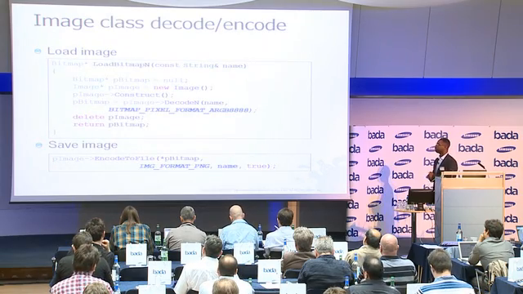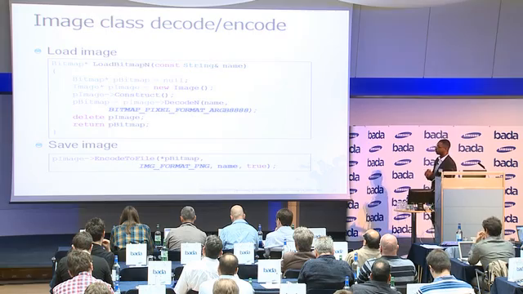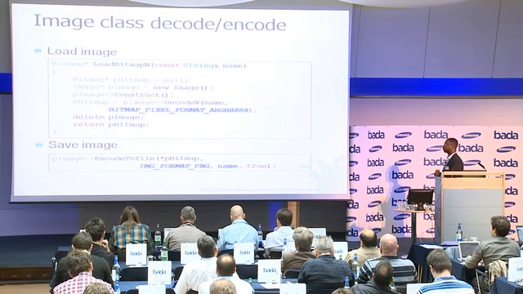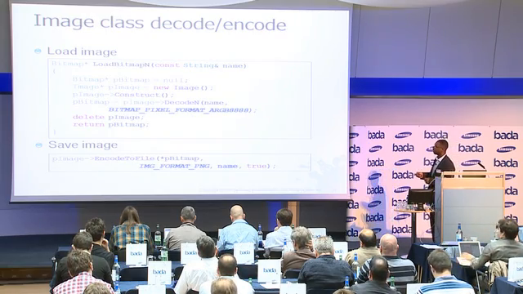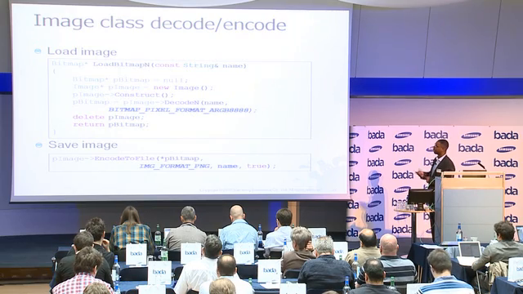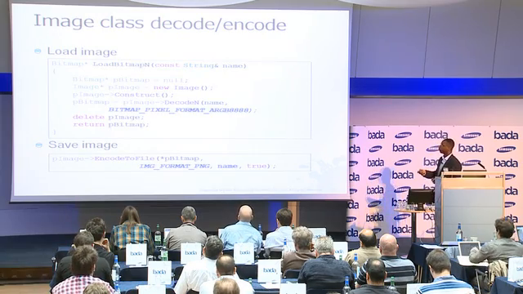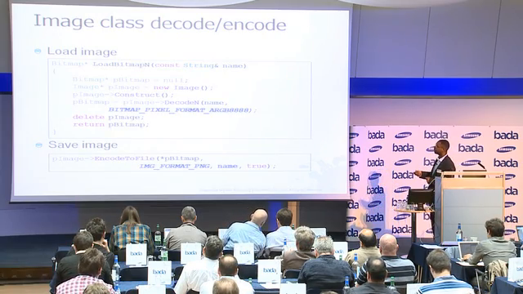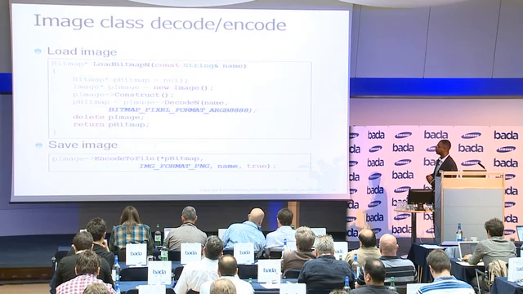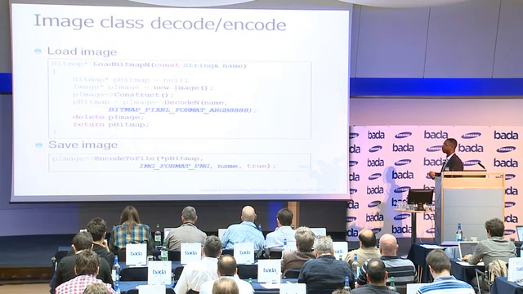So let's have a look at an example of how we can decode and encode images. What we have here is a method, load bitmap, and the object of this method is to return a pointer to a bitmap from an image. So what we can do, we can create an image instance, and then we can construct using two-phase construction.